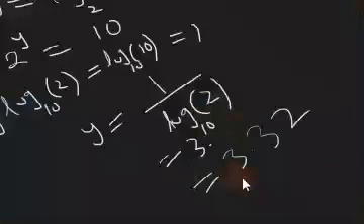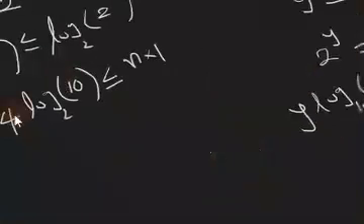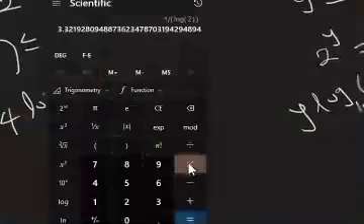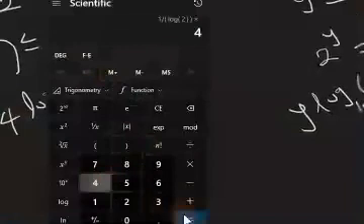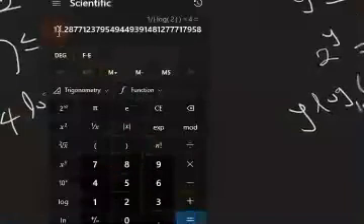This is the approximate value. This value should be multiplied by 4. Then you get the number of iterations.